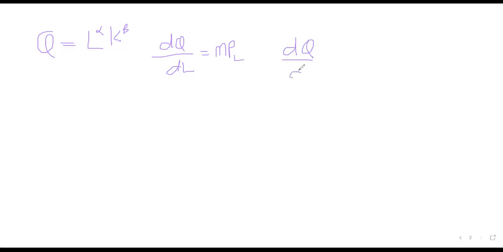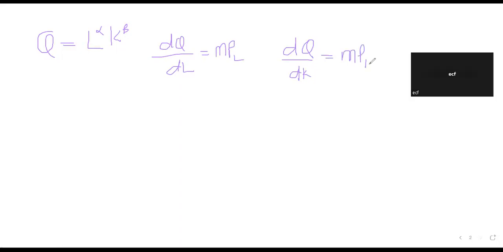So if you're given the production function in terms of labor and capital, if we differentiate the output with respect to labor, we call that the marginal product of labor. If we differentiate our function of quantity in terms of capital, we call this the marginal product of capital.